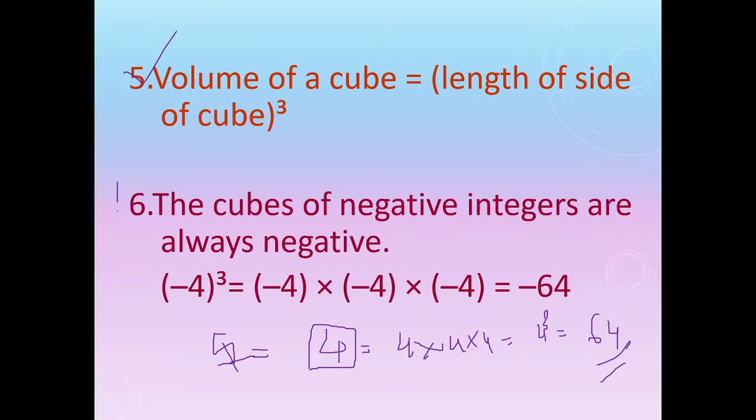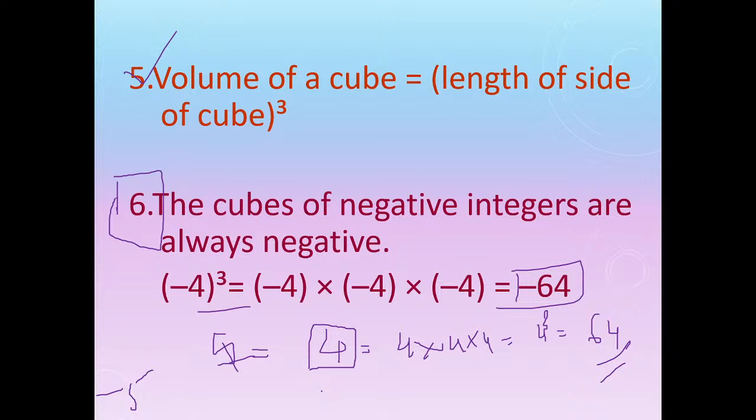Now the sixth one. The cube of a negative integer is always negative. Even though you find the cube of any negative number, the result you get will always be negative. For example, minus 4 cube is minus 64, so both have the minus sign. If you are finding minus 5 cube, it will become minus 125.